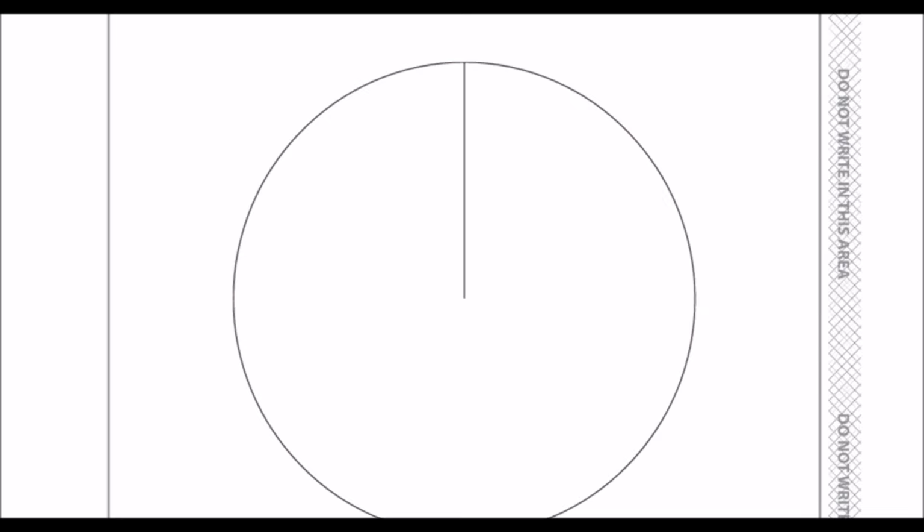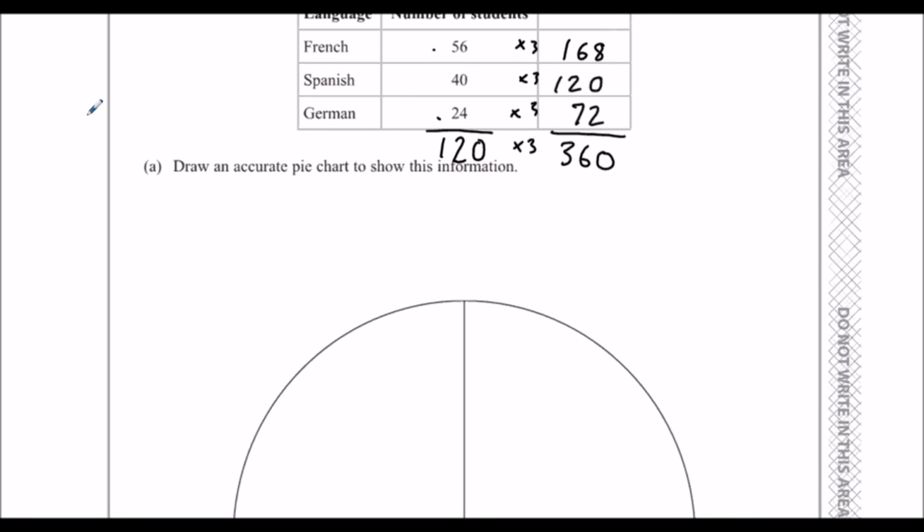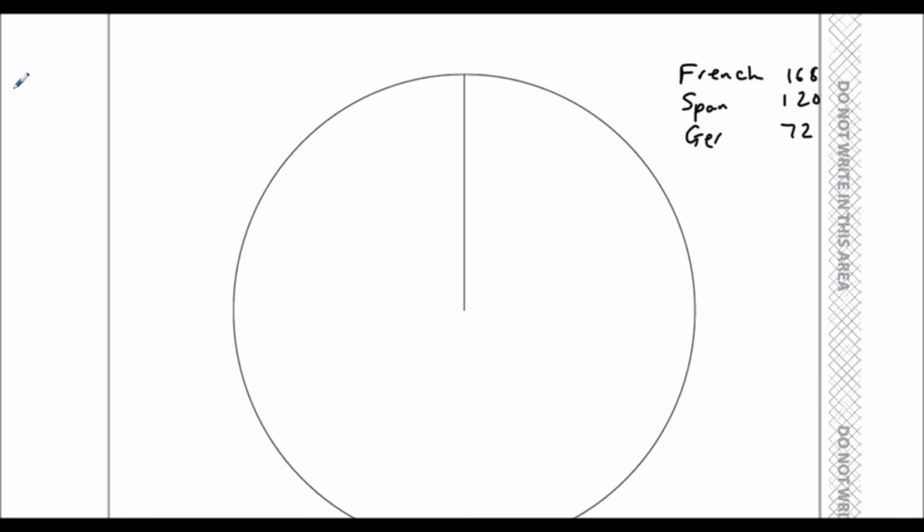So I'm going to write down here, French 168 degrees, Spanish 120 degrees, and German 72 degrees. Right, so that fits on the page.